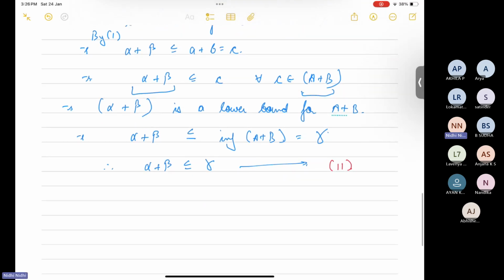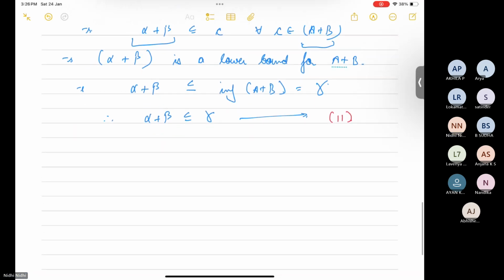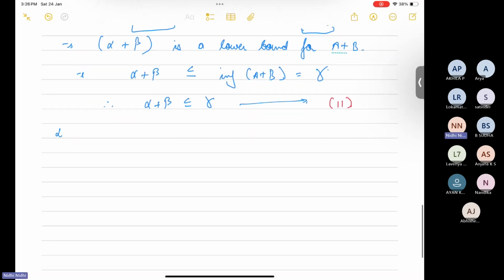For this, next we will be using that epsilon definition. So now let epsilon positive be arbitrary. Be arbitrary means it can be any positive real number.